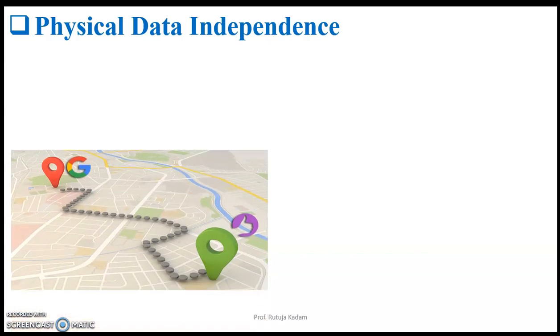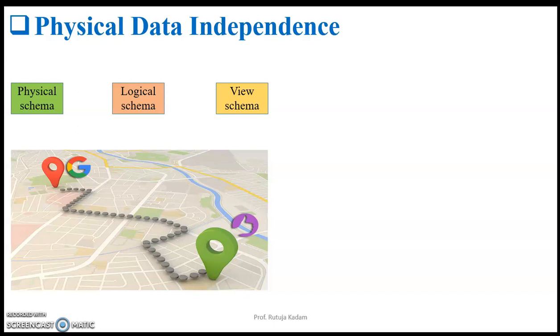Now let us consider this, that the data storage location have been transferred from one location to another location. So that means which schema has been modified? Obviously the physical schema, because we are transferring the position or the location of the data. That means which is the next higher level of the physical schema?